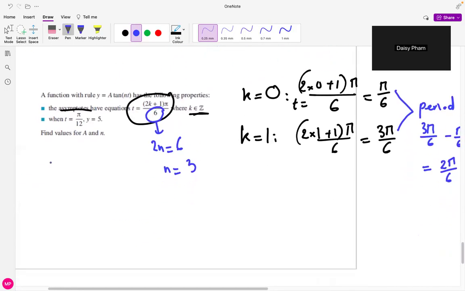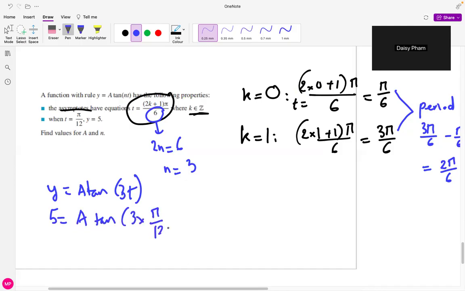Then they give you a point. So you can sub it in and you can find a. Okay, so y equals a tan of nx, and n is 3. So y equals 5, 5 equals a tan of 3 times pi over 12. Right? 3 pi over 12 is pi over 4.